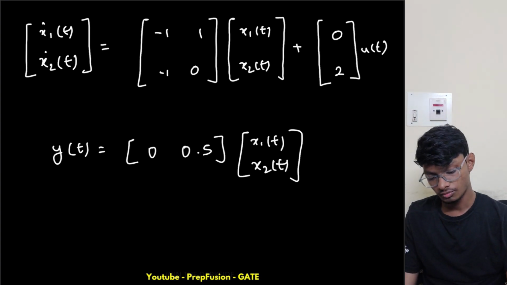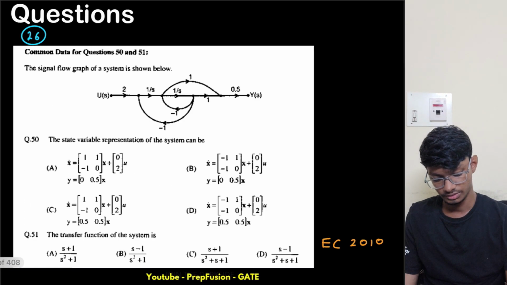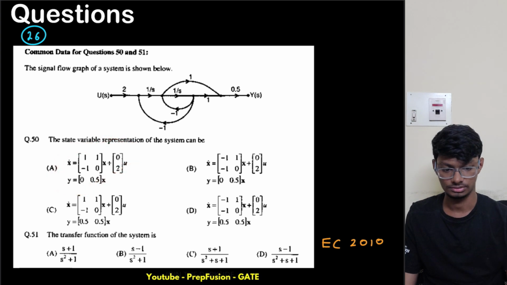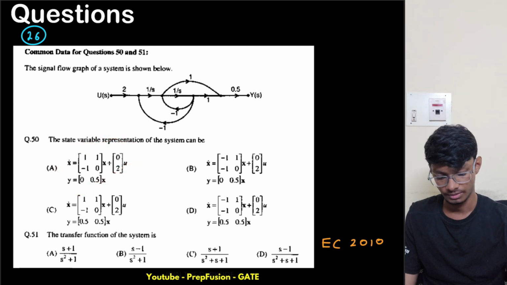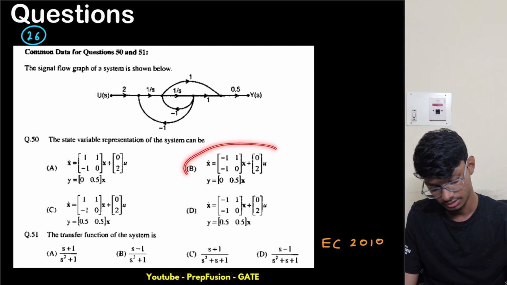Okay, so let me compare with the quotient, right? If I compare with the quotient, this first one is matching, so this first one will be correct only. The second one, I have minus 1, 1 and minus 1, but what is wrong?